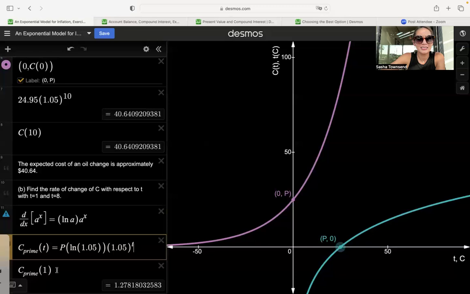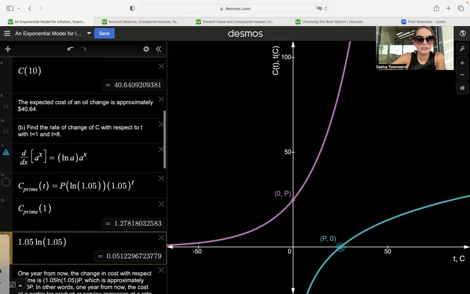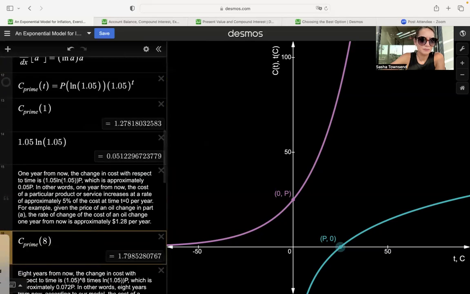And then if we evaluate at t equals 1, we get 1.278 approximately, or 1.28. And then if we want to, we can just look at what this extra factor is, ignoring p for a moment, and then saying this is natural log of 1.05 times 1.05 raised to the first power. And I chose to write that 1.05 to the first in front of the logarithm. So I've got that right there.